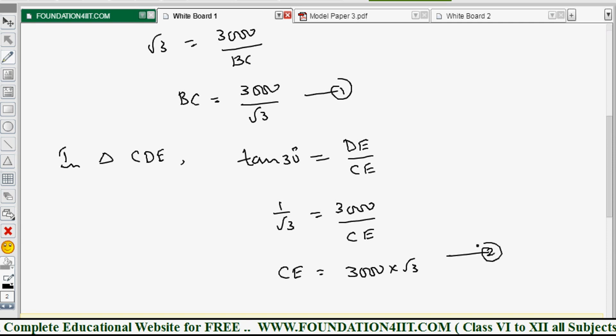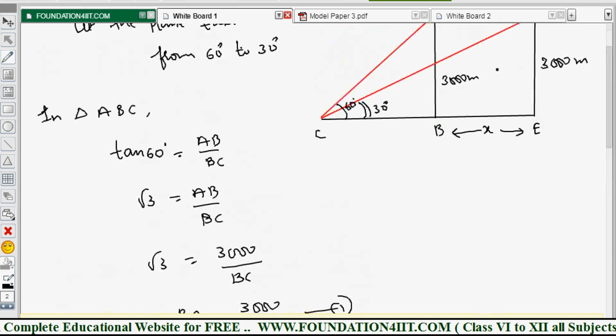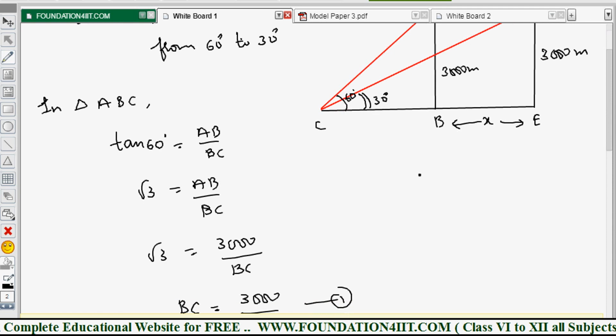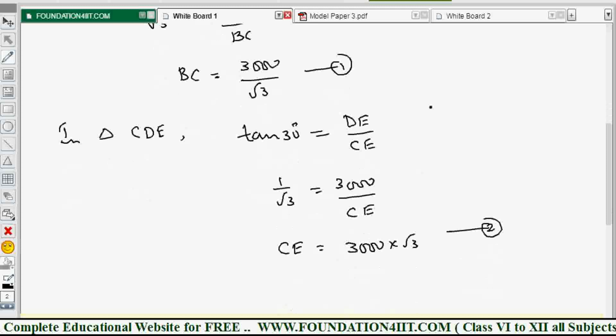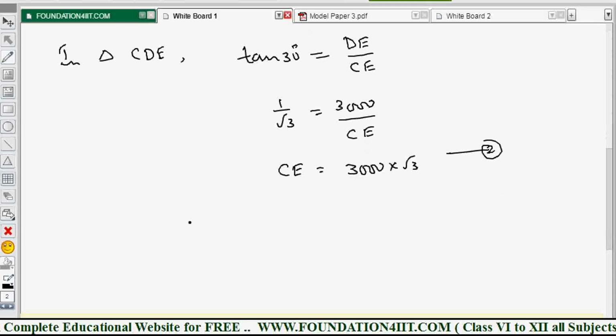Now from both BC and CE we got, B to C and C to E. Then X is equal to CE minus CB, second minus first. Then X is equal to CE minus CB, that is 3000 root 3 minus 3000 by root 3.